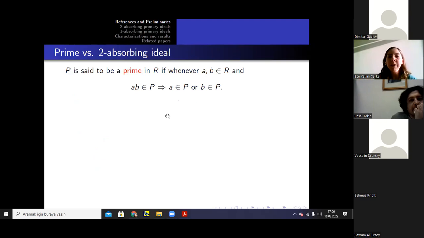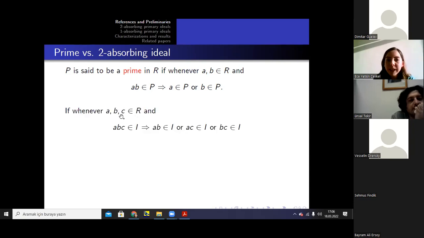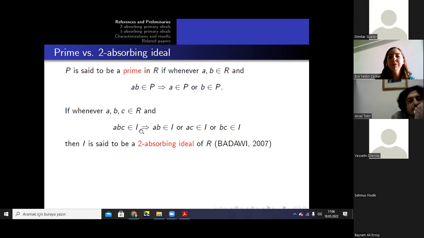For a minute, think that this idea can be generalized to three elements. If you have three elements A, B, C whose multiplication belongs to I, then one of the double products AB, AC, or BC belongs to I. Ayman Badawi said that I is called a two-absorbing ideal if it satisfies this condition.